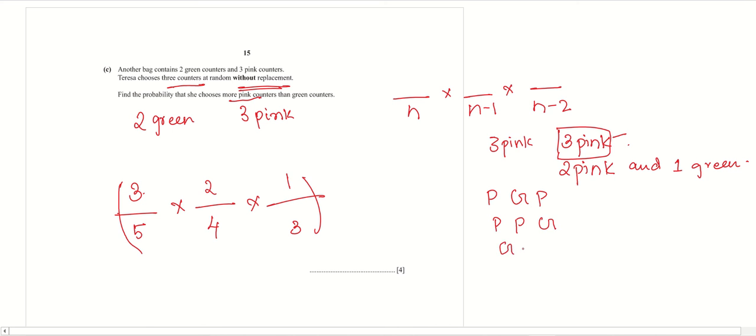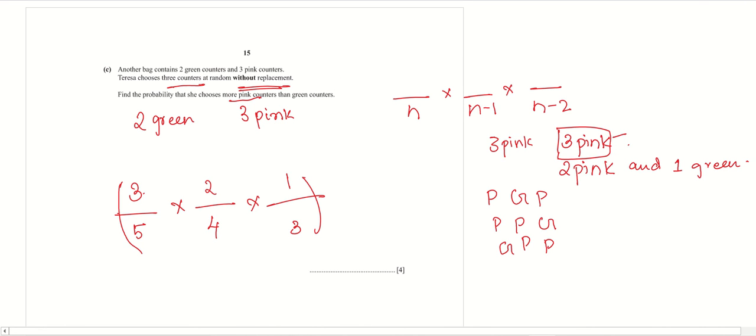Or she can choose green first, then pink, and then another pink. So these are the 3 orders she can follow to satisfy taking 2 pink and 1 green, because they don't mention the order of choosing the colors.